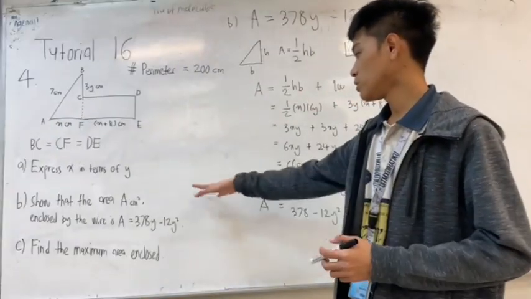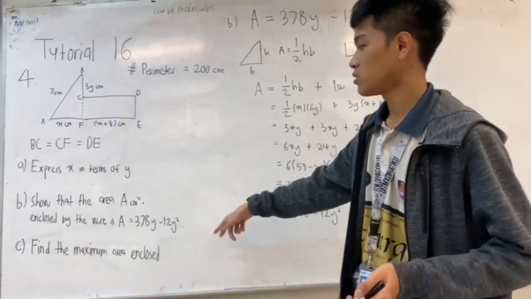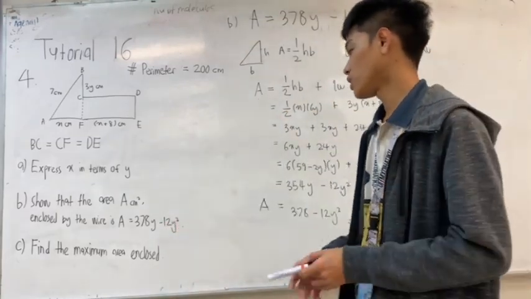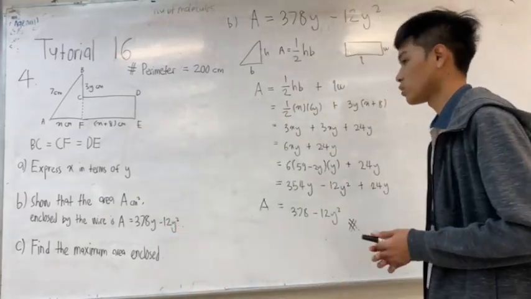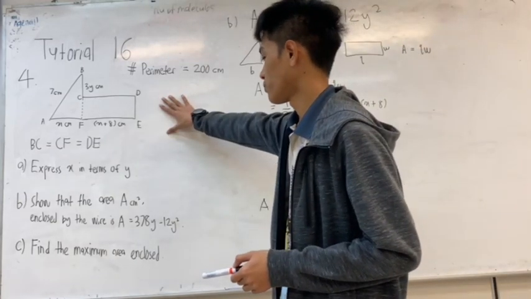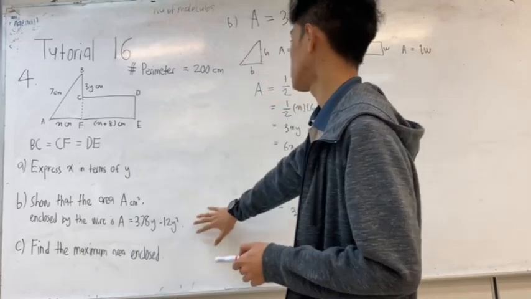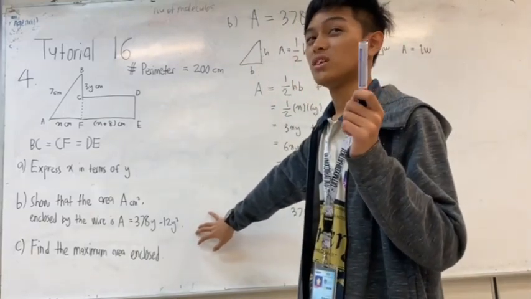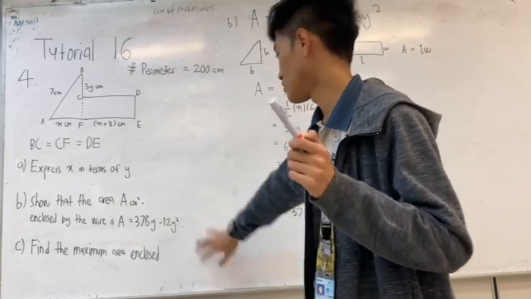So this is for question A. Alright, now for question B, which is to show that the area A centimeter squared enclosed by the wire is 378y minus 12y squared. So what the question wants is to prove that the area of this shape is this equation. Alright.